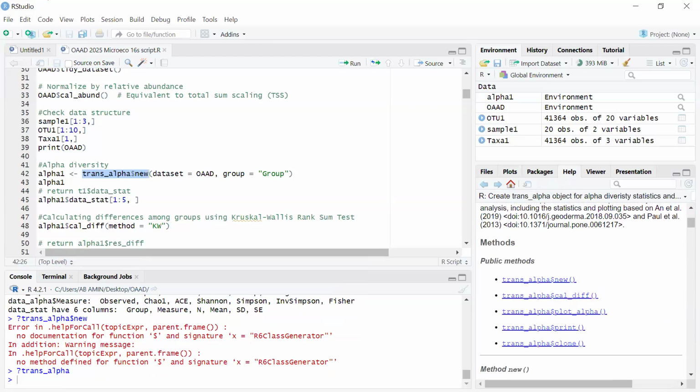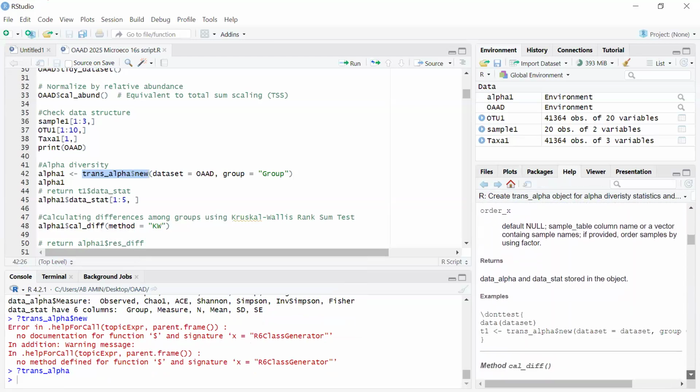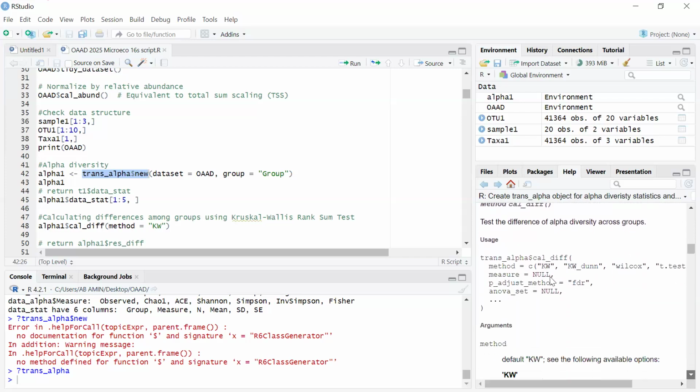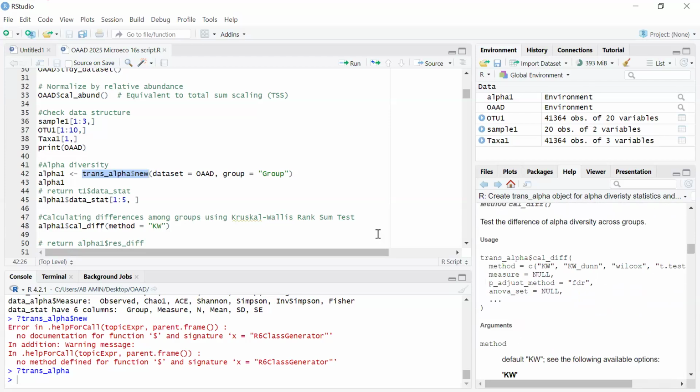Cal difference. So these are the various statistical tests: Kruskal-Wallis, Wilcoxon, Dunnett, t-test, ANOVA. So any one, the way it is here, you just write it here and it will be done.